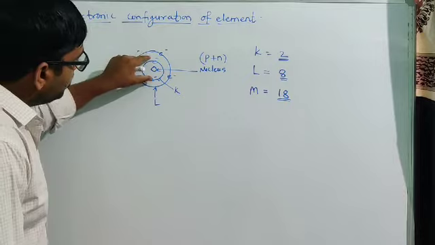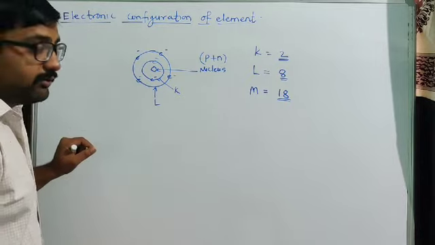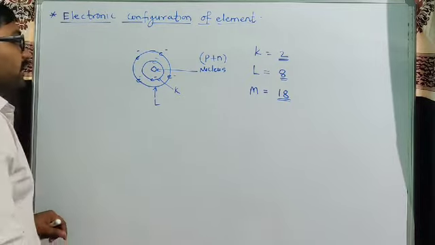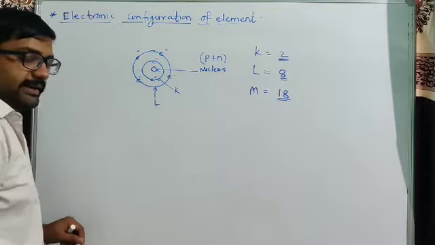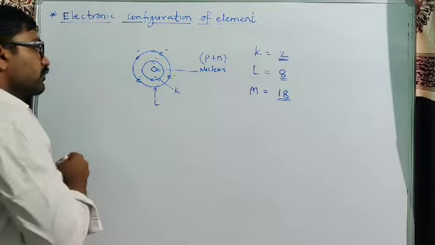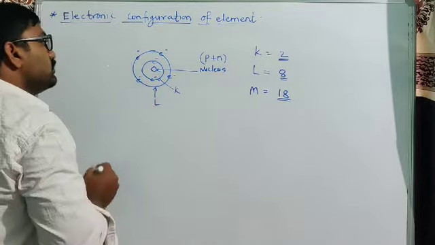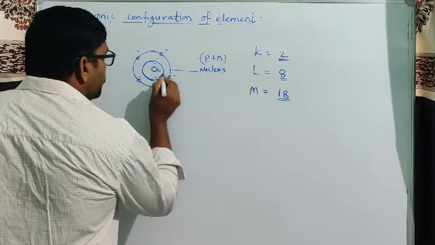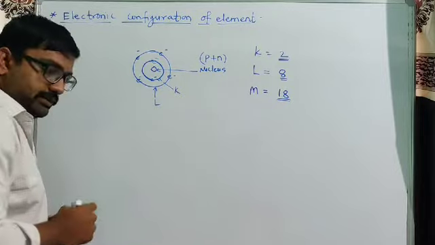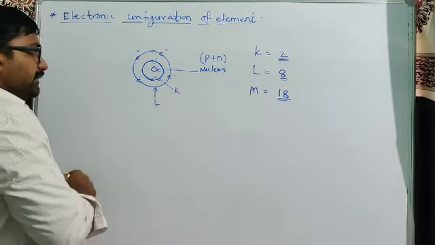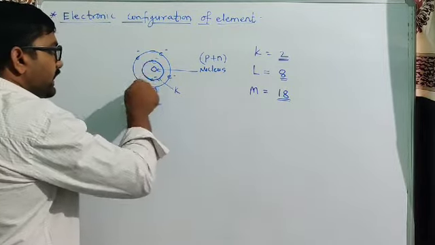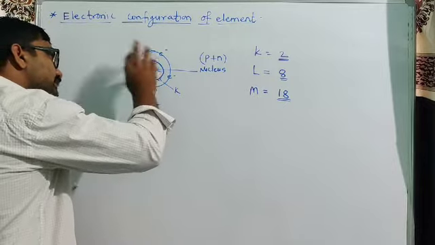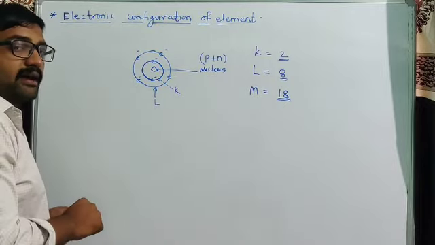Look at the first two inner electrons that are moving in the K shell, that is the first shell. These two electrons are moving in this circular path. They actually do not go here and there. It is a specified path on which they are moving.